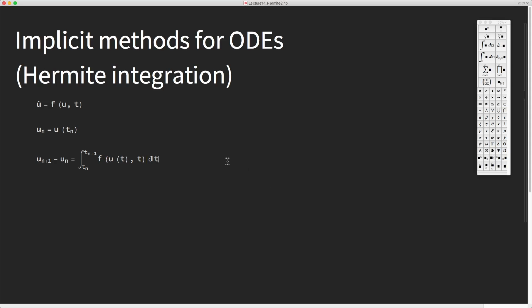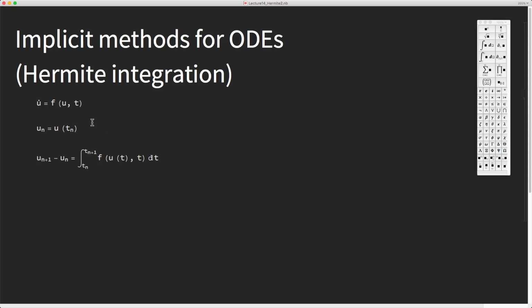So let's suppose, for example, that this function f is a linear function of u. So in this case, we have a prototype differential equation of this form, u dot equals lambda u, which is a linear equation, and we know that the solution can be written very simply in terms of the exponential.